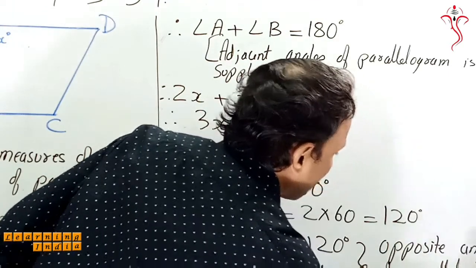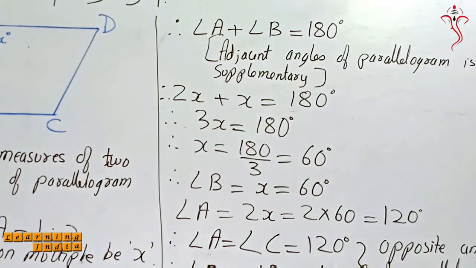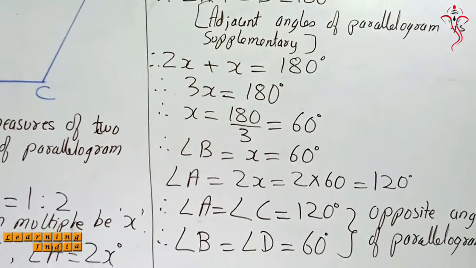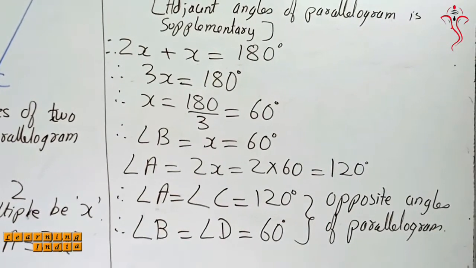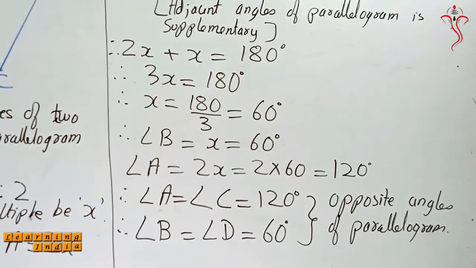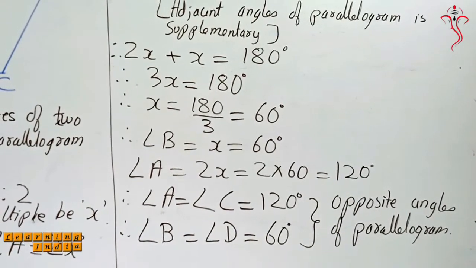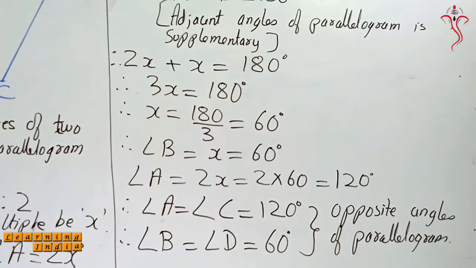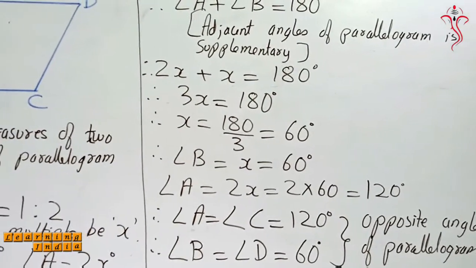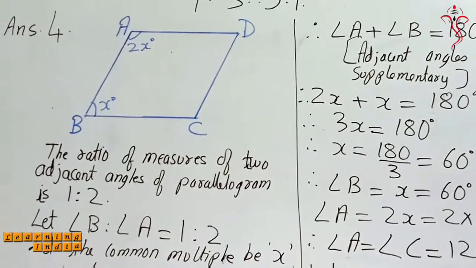So that is the reason you have to write it down. So that's it. Very easy sum it is. You just have to understand the concept, what you are writing here, and the reasons also. The last reason we have written here, opposite angles of a parallelogram are congruent. Also you can write it down, doesn't matter. Now we have completed question number 4.